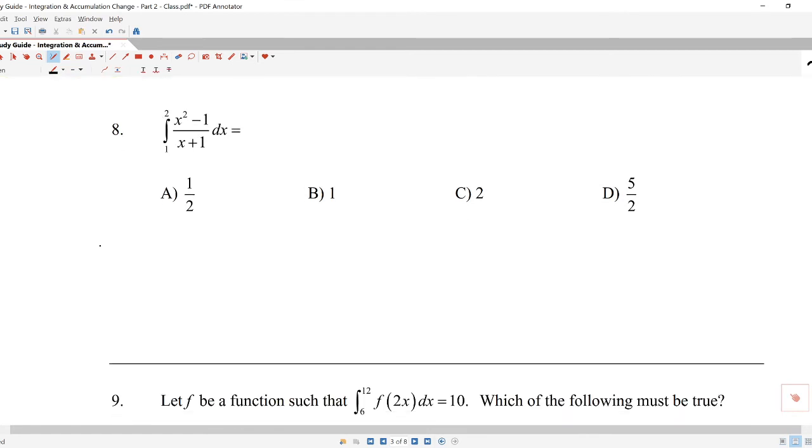Number 8 is very similar to one that we did in the assignments, and then I went over it as well in class. Because of this quotient, we're going to have that difficulty, but again, this is a difference of 2 squares. So without changing anything yet, I can factor the top. That way the x plus 1's cancel.